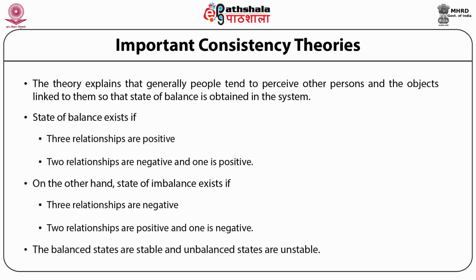The balanced states are stable and unbalanced states are relatively unstable. Whenever any imbalance arises, it leads to the state of tension and discomfort which motivates the person to restore the balance by changing the relations.